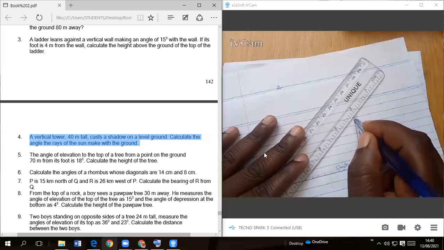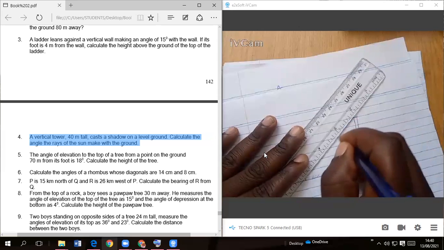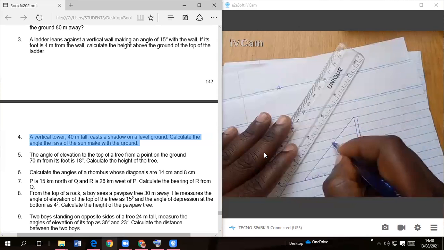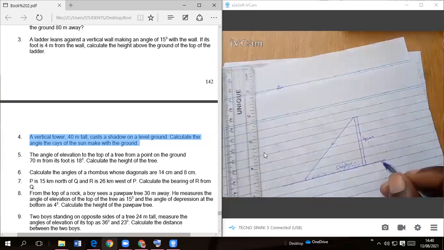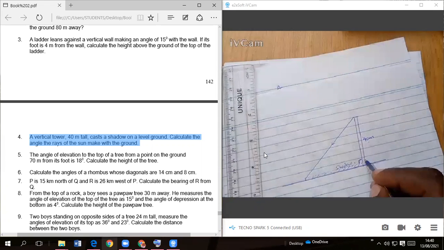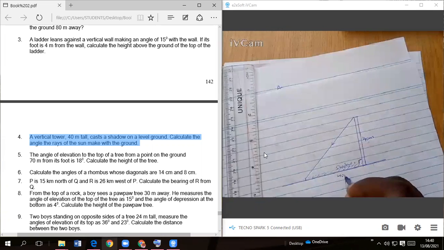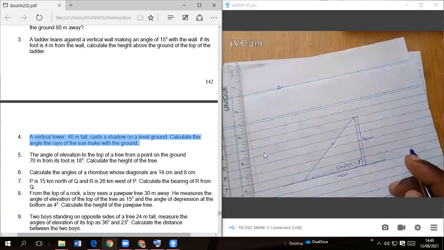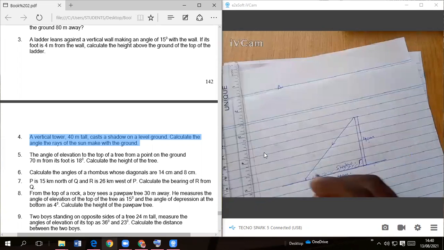Expect the rays to come like that. This is 90 degrees there. If this is 40, expect this also to be 40. They're asking you to find this angle here.